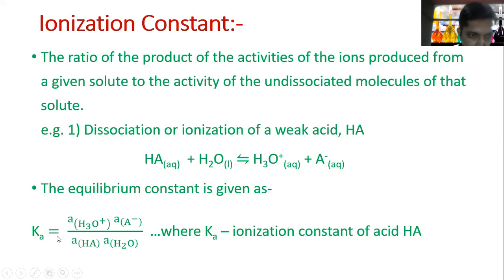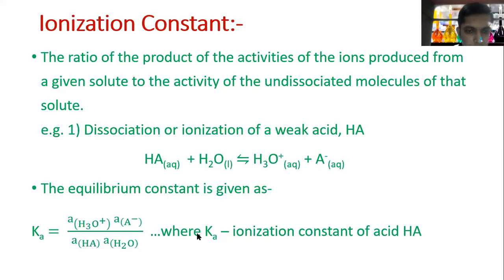Ka is equal to the activity of hydronium ion multiplied by activity of A minus ions, that is anions of the acid, divided by activity of undissociated acid molecules and activity of water molecules.